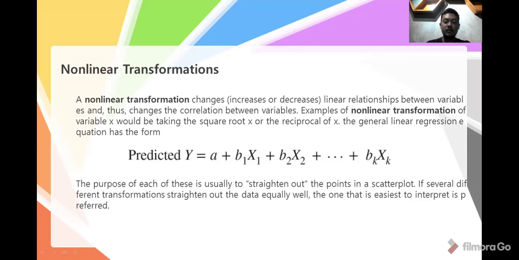The general linear regression equation has the form to predict y, and you can see it on the slide. The purpose of this is usually to straighten out the points in a scatter plot. If several different transformations straighten out the data equally well, the one that is easiest to interpret is preferred.